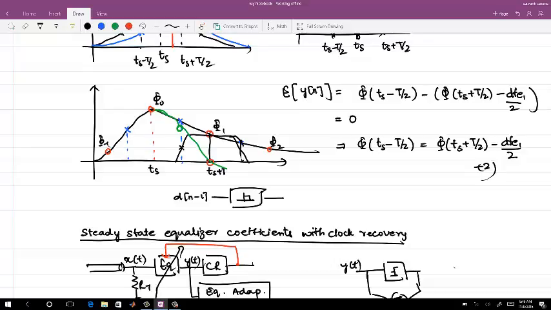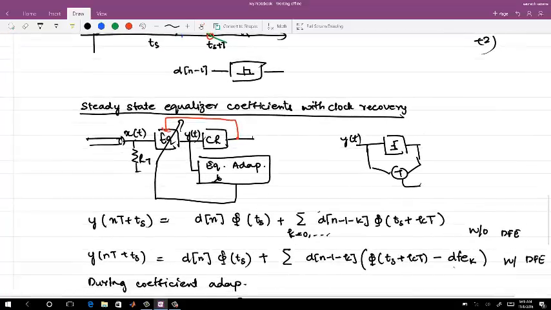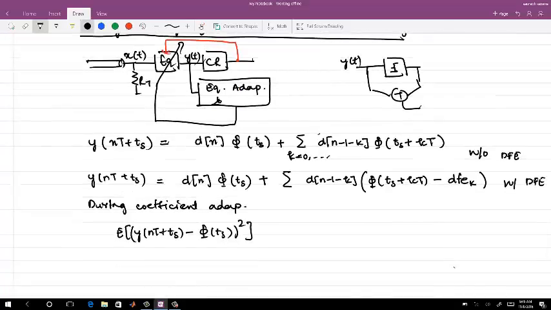Now plus or minus 1 is just getting multiplied with phi of Ts. Whatever peak value you are getting, I'm just maintaining that as a level. Otherwise there is only a gain factor, nothing more than that. So this is what the equalizer would demand: that the mean square error should go to 0.